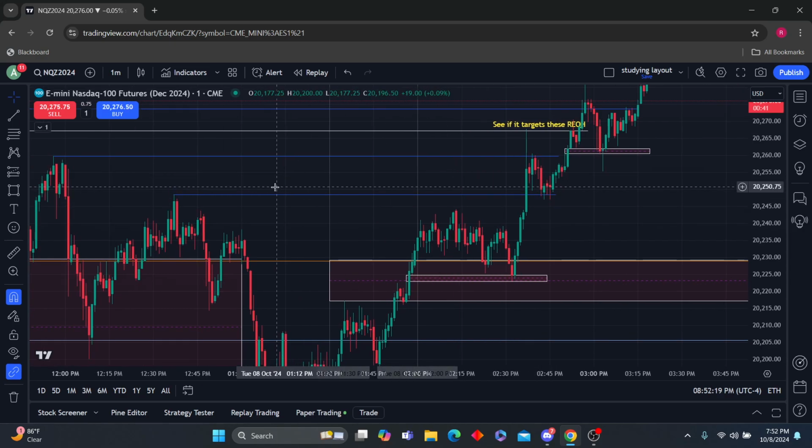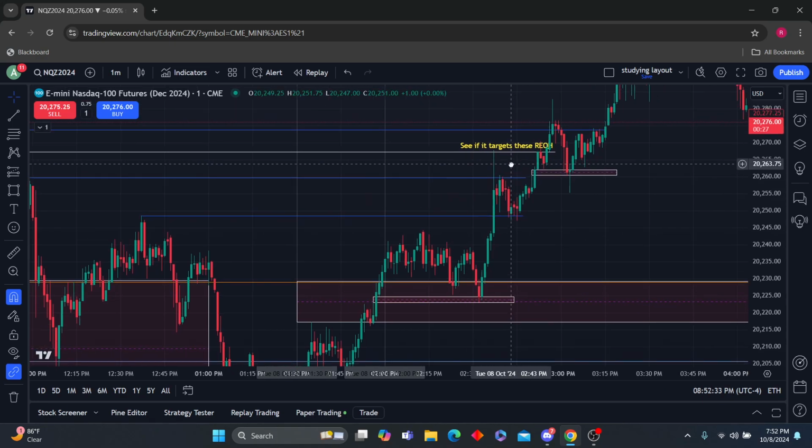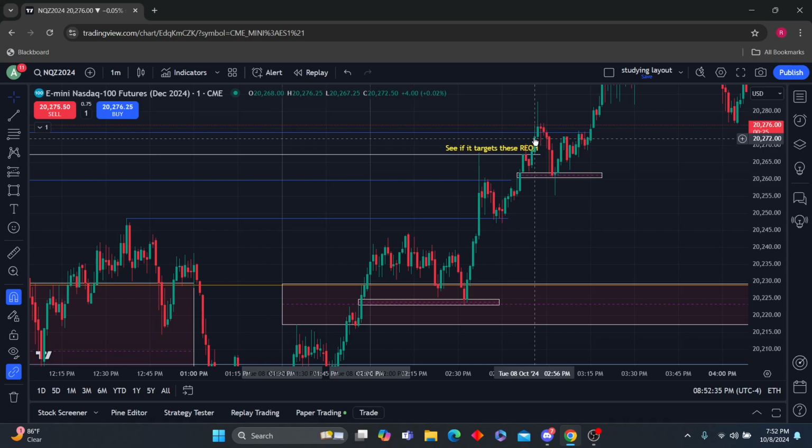That's what I want to see. I want to see if it goes higher. I want to see it close above the targets. Does it close above the targets? It does. Once it closes above, then it's going to want to keep on going higher, which it does. Boom. Hits my target, closes above, but not with a lot of candle movement.